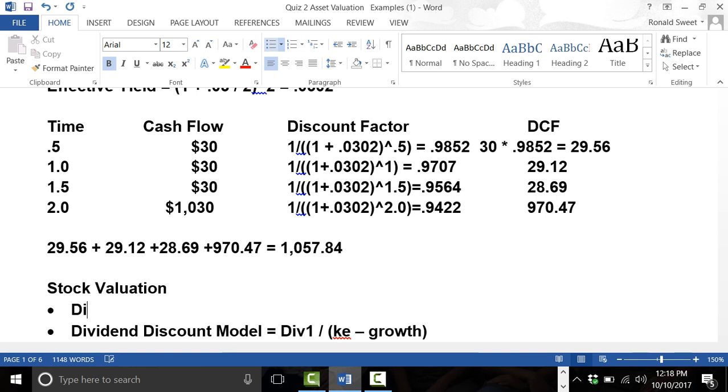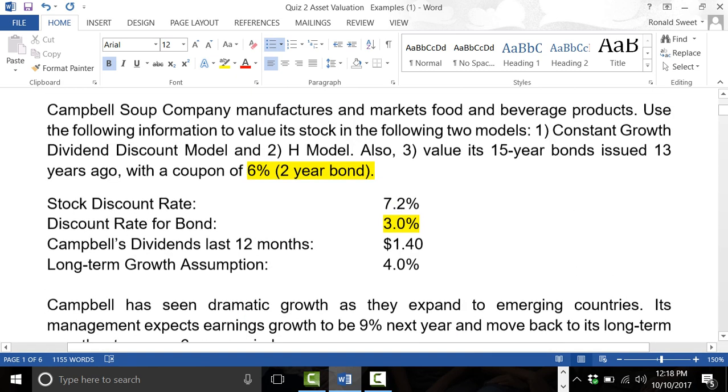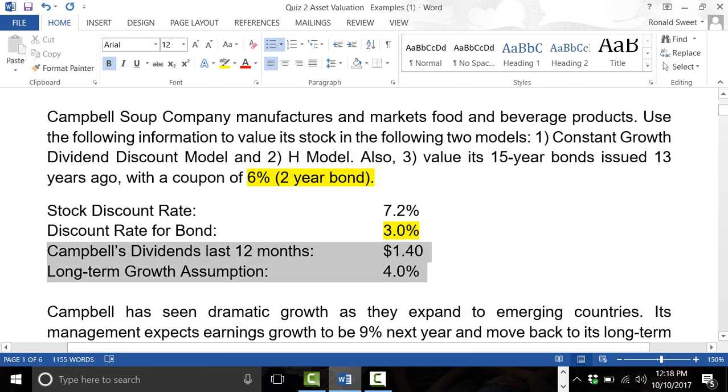In this case, dividend 1 equals dividend 0 times 1 plus the growth rate, because we don't have dividend 1, we have dividend 0, which is the dividend from the last 12 months.